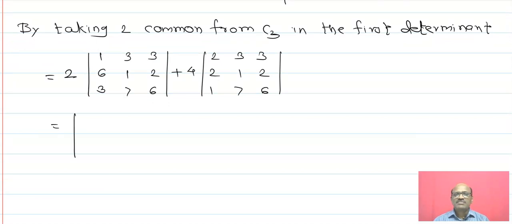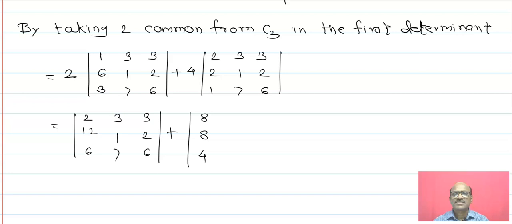Now in this case, now see this. That is, 2 is multiplied with the first column, and then it becomes 2, 12, 6. Second column is 3, 1, 7, and third column is 3, 2, 6.